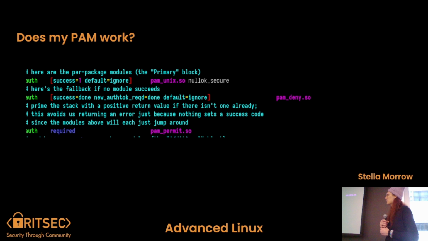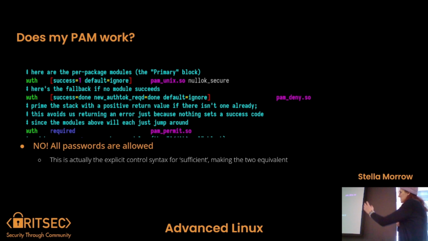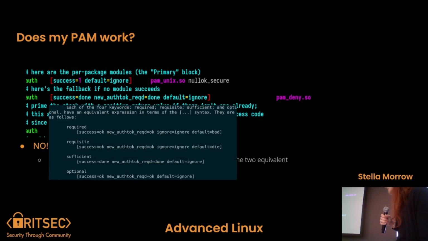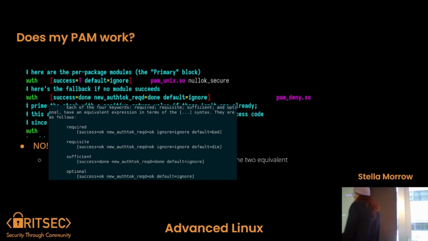Does this PAM work? Now instead of a single keyword, you have this big bracketed string. And the answer is no, because that's actually just sufficient. They are defined in the man pages as being required, requisite, sufficient, optional. They're just shortcuts for what those are.